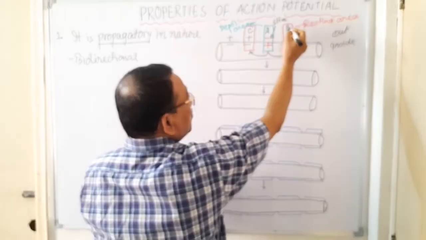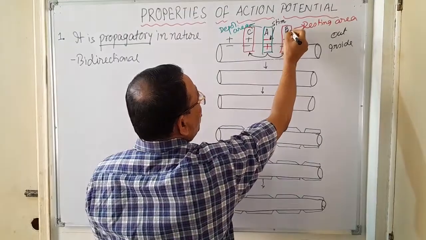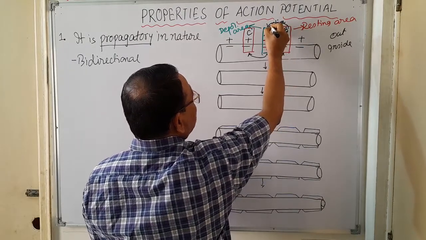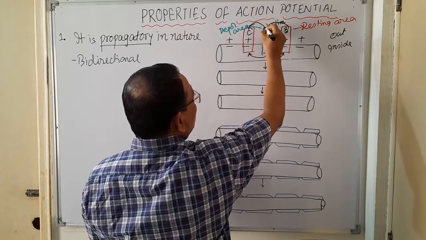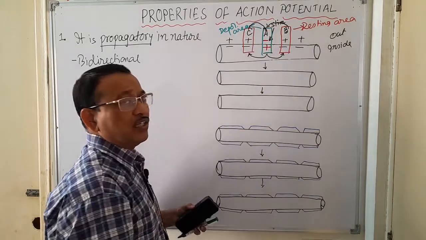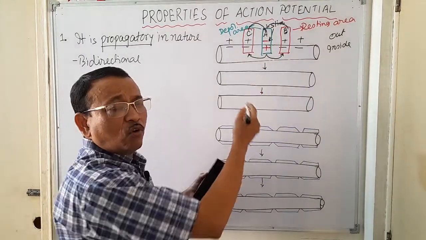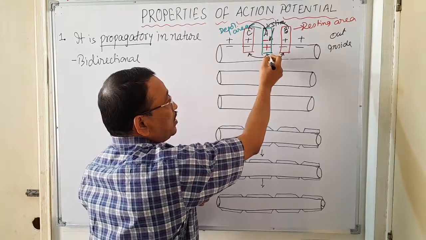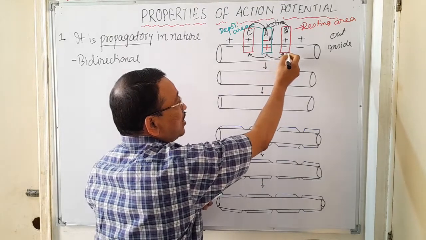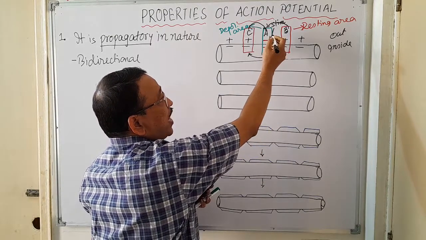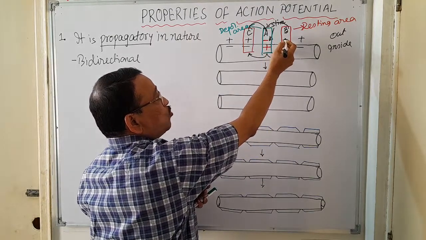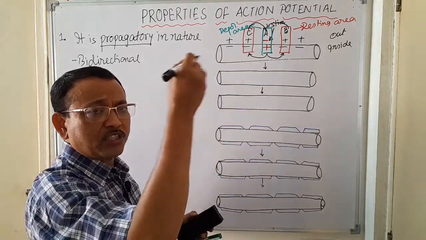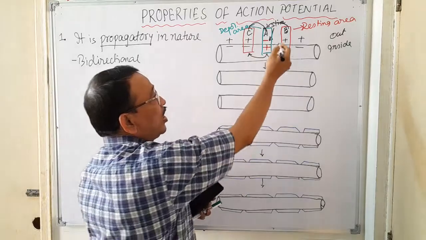And in the outside of the membrane, positive ions flow from the resting area to the depolarized area. So the positive ion flow will be opposite. In the interior, from the depolarized area to the resting area, and in the outside, from the resting area to the depolarized area. So there is a flow of positive currents that will create a local circuit.